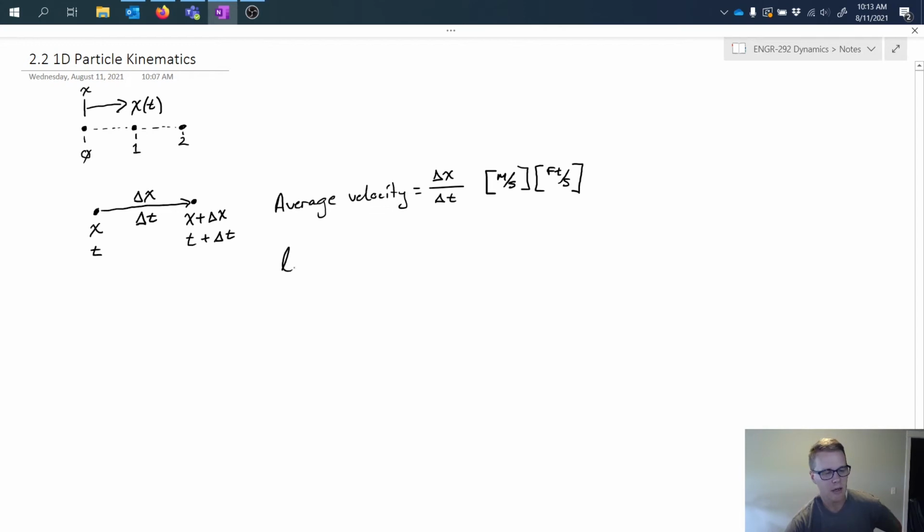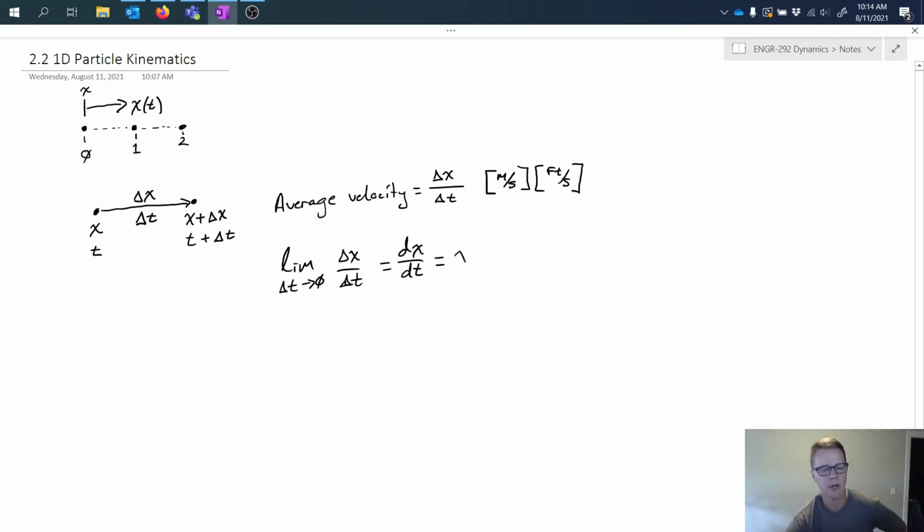So if I take, in mathematics, the limit as delta t goes to 0, so my delta t is getting smaller and smaller, and of course my corresponding delta x would have to get smaller and smaller, the limit of delta x over delta t becomes the derivative of x with respect to t, and that should be fairly familiar, right? dx by dt.